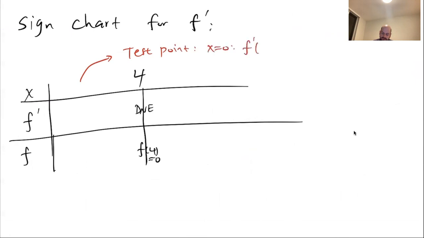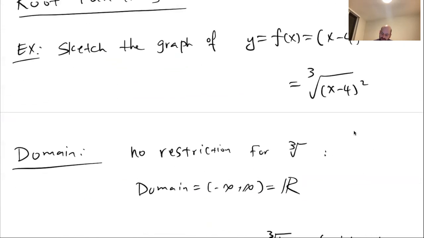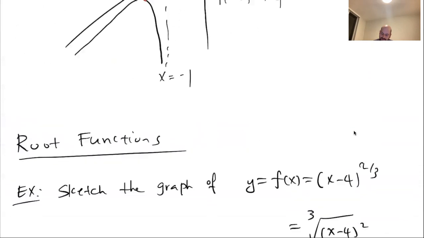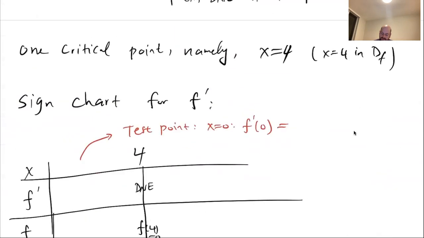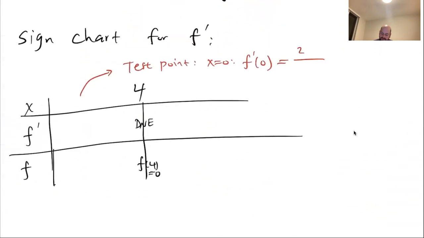Then f prime of 0 will be 4 over, let's say 2 over 3 times cube root minus 4, which is negative. So negative here and positive here.